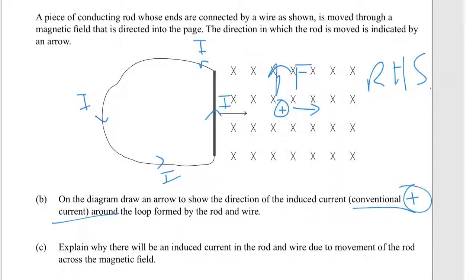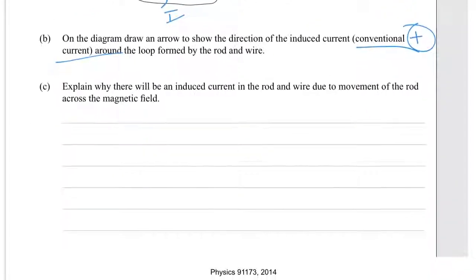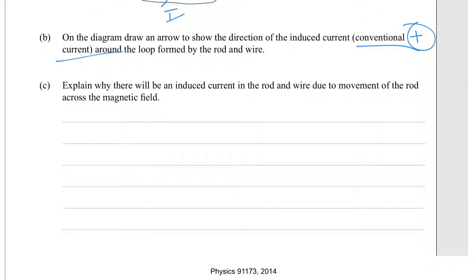C, explain why there will be an induced current in the rod and wire due to movement of the rod across the magnetic field. Never quite sure how much detail to give into this, but it's because with the fixed magnetic field, that interacts with the magnetic field of the electrons in the wire as it moves through.